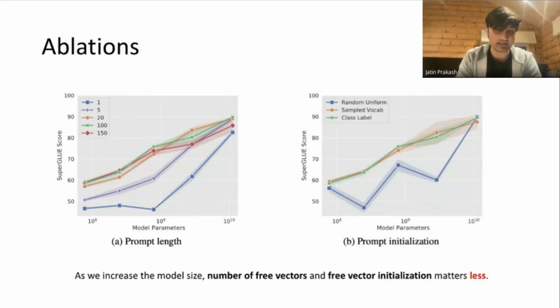It doesn't matter how you initialize them. It's always good to initialize using the class labels if you have them. But for some natural language generation task where you don't have class labels, or a translation task where no label exists, it might be better to initialize using vocabulary, or even if you don't have that, random initialization might work just as well.